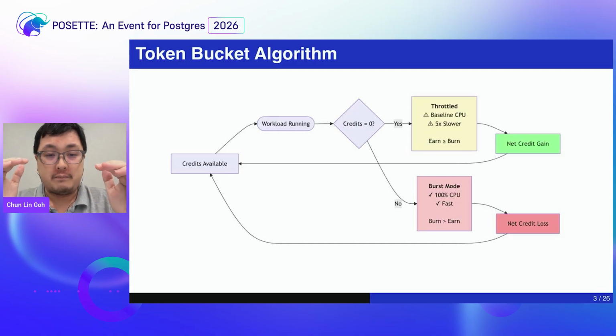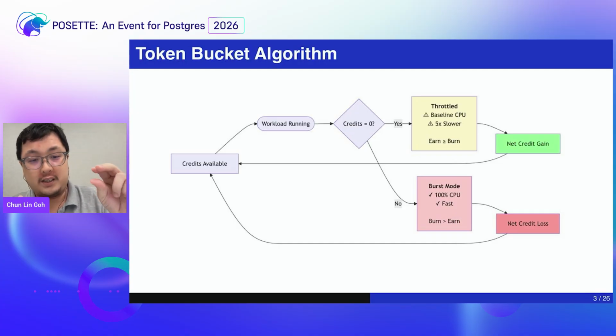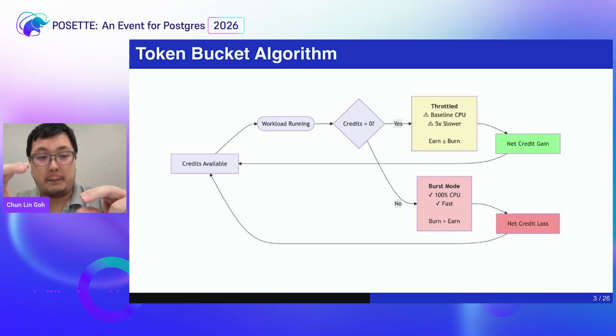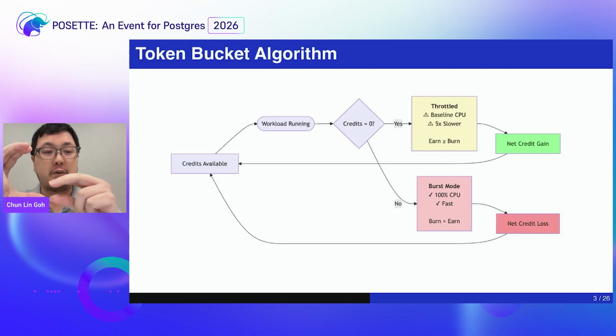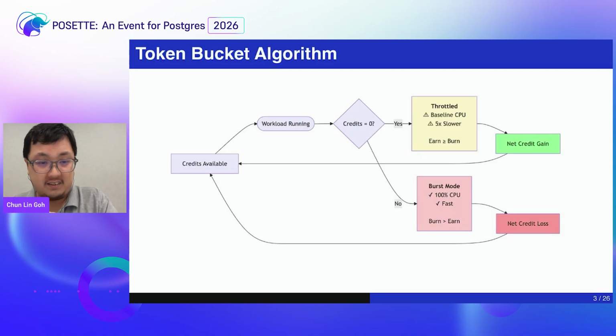At that time, you don't have excess CPU credits, so you will run your workload at the baseline. And at this time, the server will slowly recover your CPU credits, because you only use up the baseline and you earn a bit of CPU credit. What is left over will be your net credit gain.